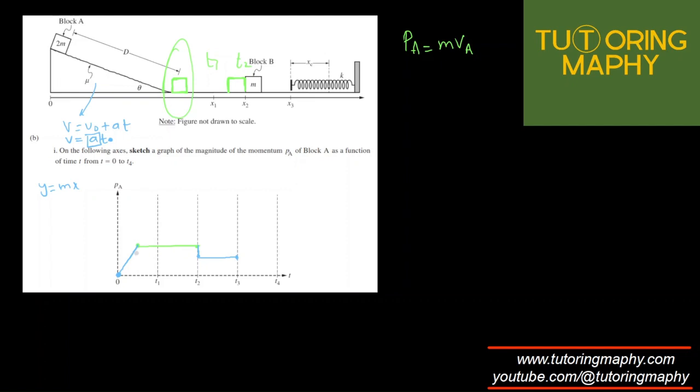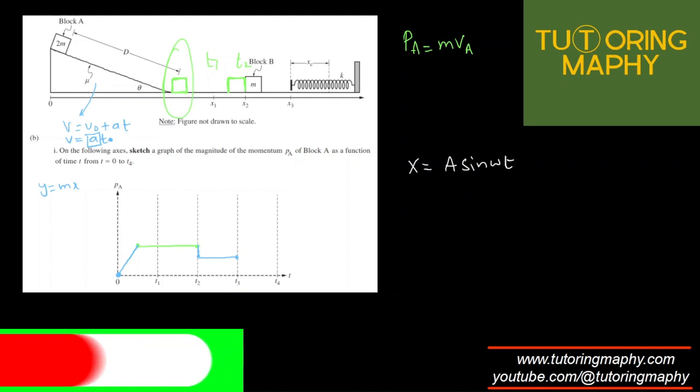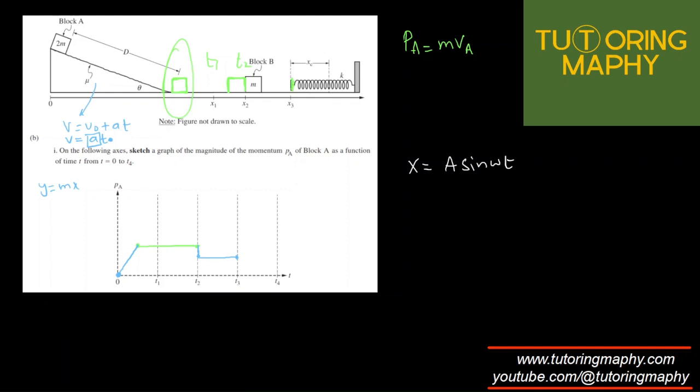Now the question is how will the velocity change over here at the spring? I think here we can use the formula for the velocity of simple harmonic motion. I know that x is going to be equal to a sine omega t. Why am I using sine omega t? Because the SHM starts at the equilibrium position.